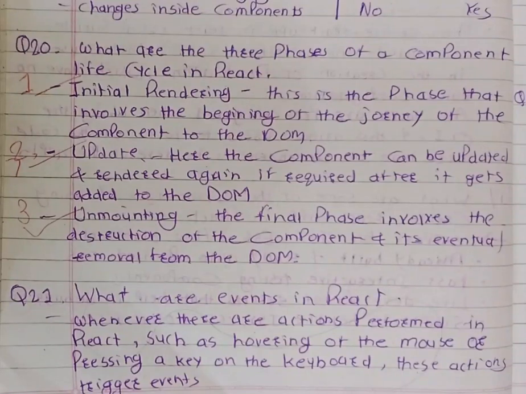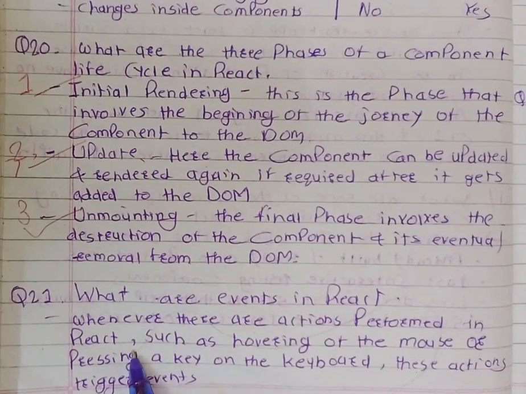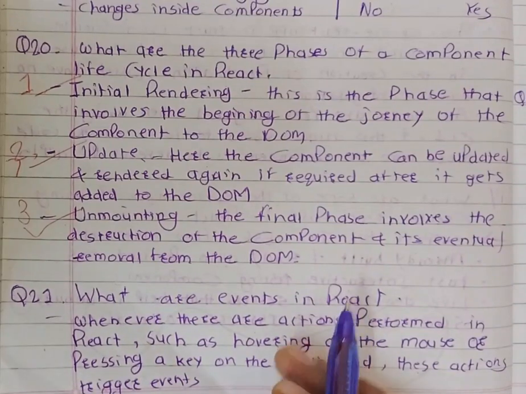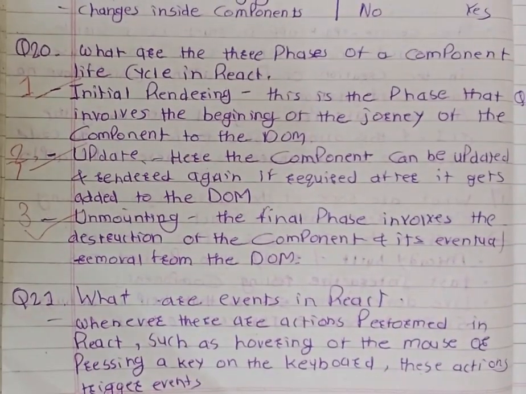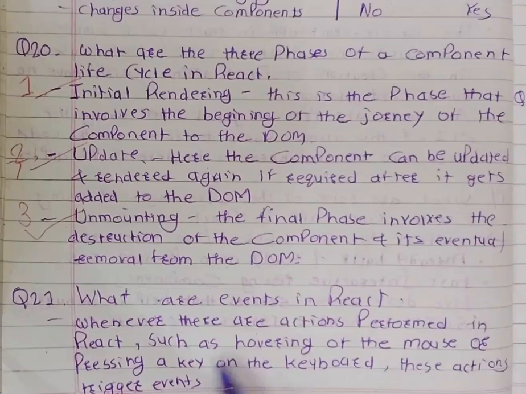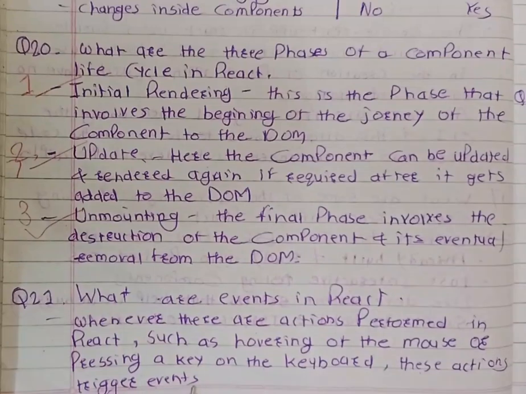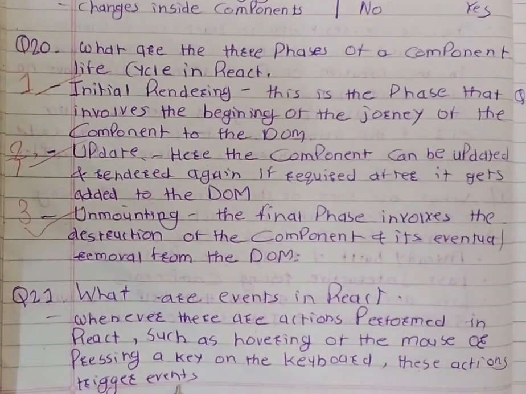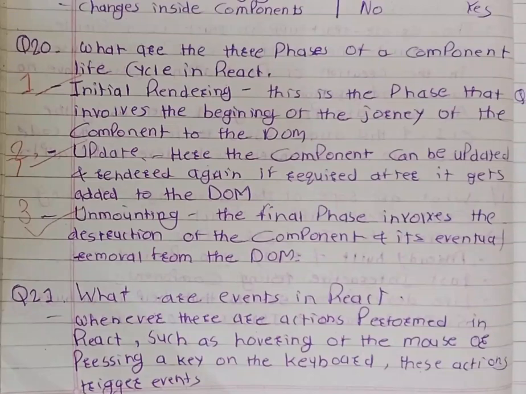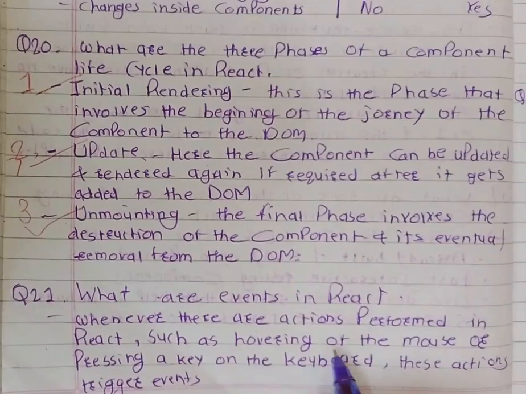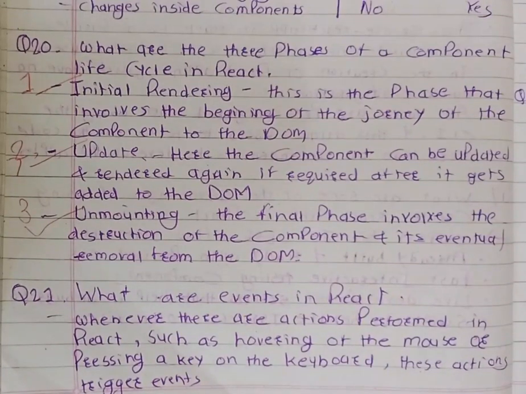Then the next one is, what are events in React? Whenever actions are performed in React, such as hovering the mouse or pressing a key on the keyboard, the action triggers events. An event is just something that has happened, like if we click or submit a form, that is a submit event, or we render another page.